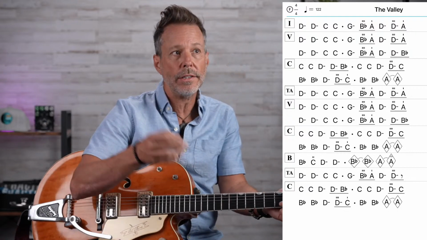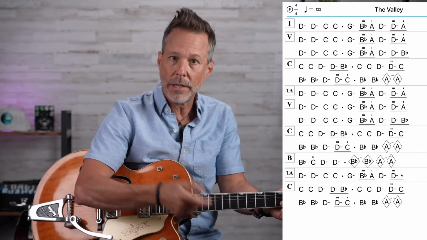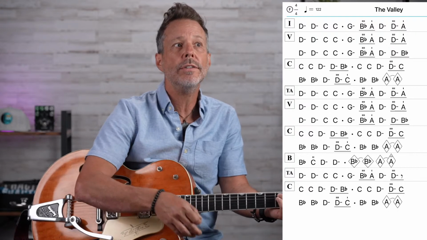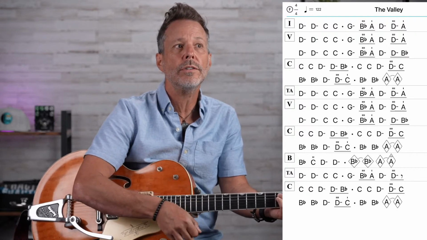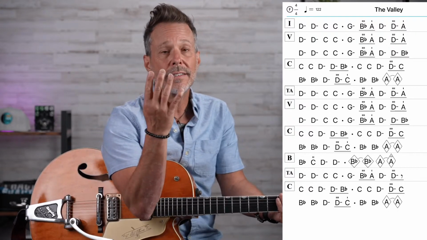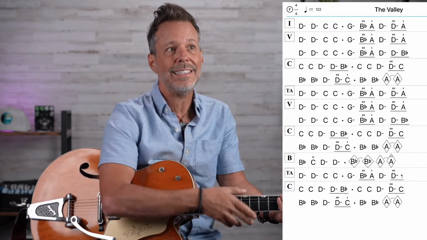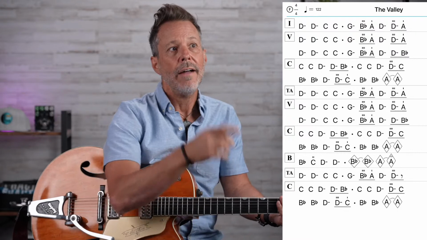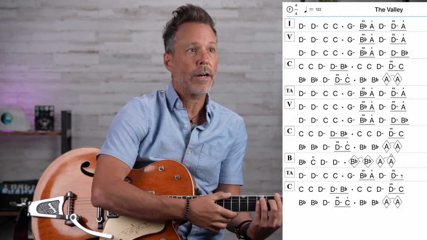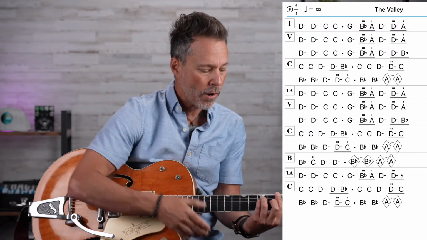So we have 1, 2, 3, 4, 1, 2, 3, 4, 1, 2, 3, 4, 1, 2, 3, 4, and that takes care of the first 4 measures. D minor, we play that twice, and C, C. We play that twice.